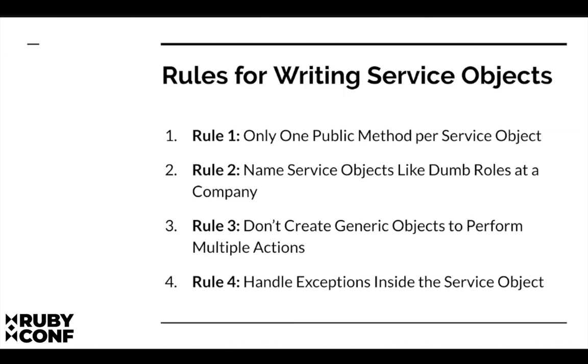Service objects are single business actions, so you can change the name of your public method if you like. I prefer using call, but GitLab Community Edition, at least, the code base uses execute. And then there are other people that may use perform, but you can use whatever you like. You can call it Nerman for all I care.